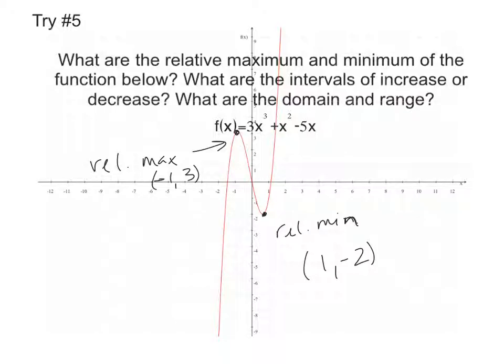We're just trying. All right, so the intervals of increase. Remember, I'm talking about my x value. So it's increasing from negative infinity up to this x value, so from negative infinity to -1.